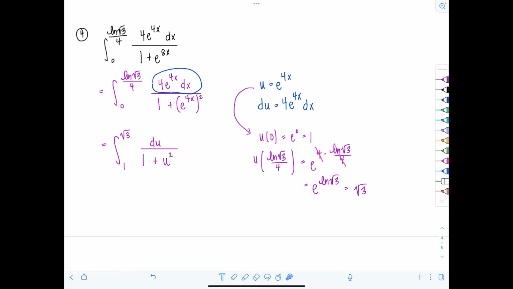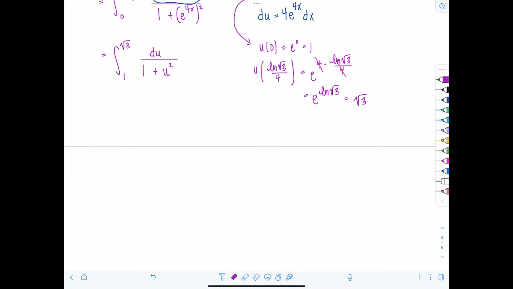Just got to memorize that sucker. Sorry, there's no way around it. So we've got tan inverse of u evaluated from 1 to rad 3. That's just something you should memorize and recognize.